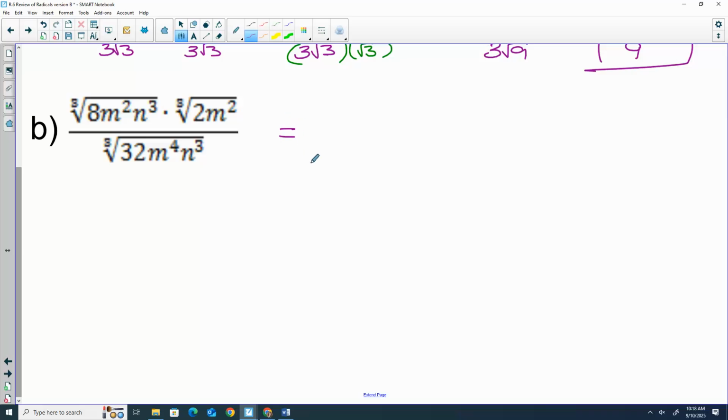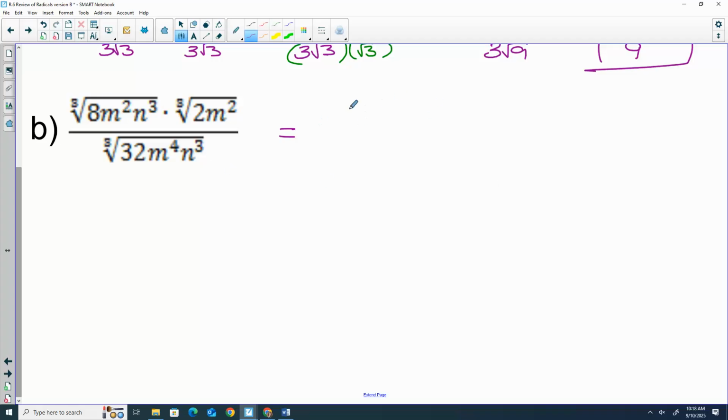We have to multiply on the top, we have to reduce radicals, we have to get radicals off the bottom. But let's go ahead and start with any simplifying first. Okay, I think getting the radical off the bottom is probably the hardest step, so let's reduce as much as we can before we get to that point.